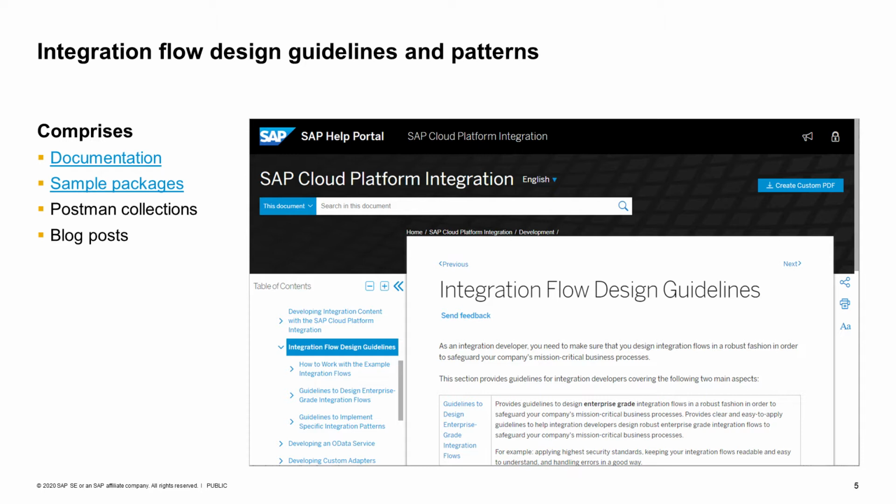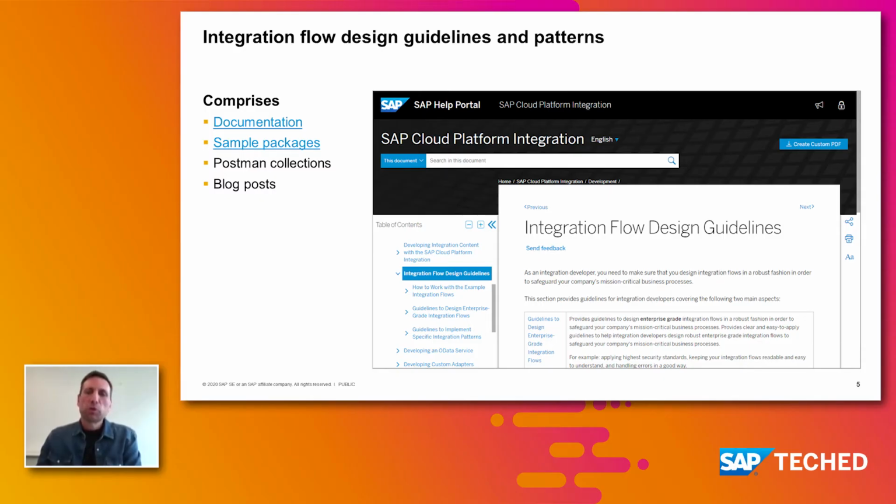This is part of the standard documentation, so you find this on the SAP Help Portal. For each guideline, we have a reference integration flow, and we describe this in the Help Portal.